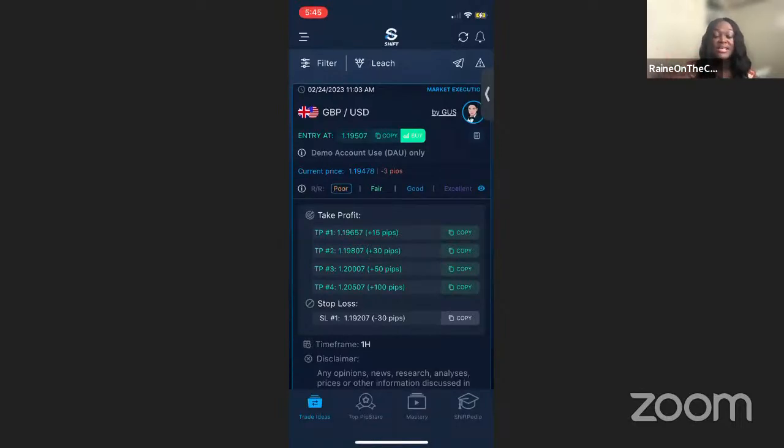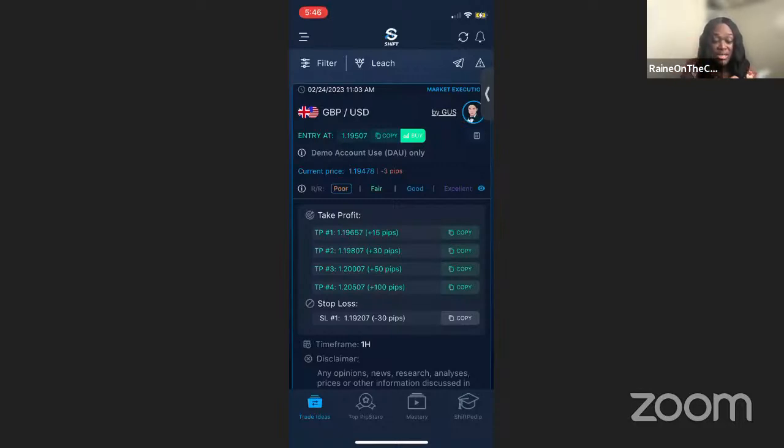So I remove that stop loss, and you can see the take profit. Let's say that it hit take profit 3, right? So it's all the way at 1.20007. You can see take profit 2 is 1.19807, and you can change your stop loss to a number just below that because it's a buy.